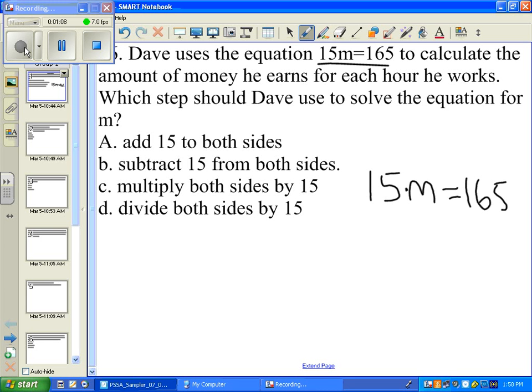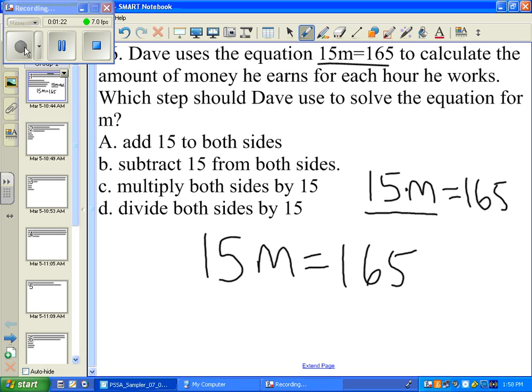Well, the step that we would use, because we have multiplication on our left-hand side, we would simply take this 15m and divide it by 15.